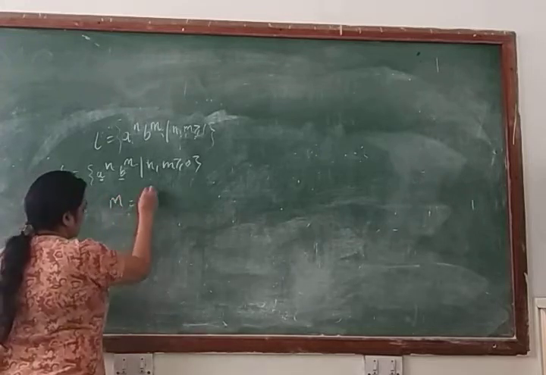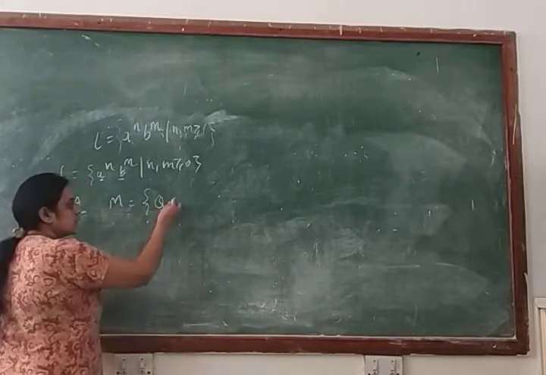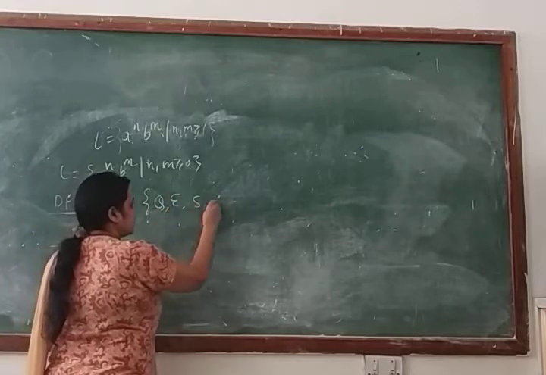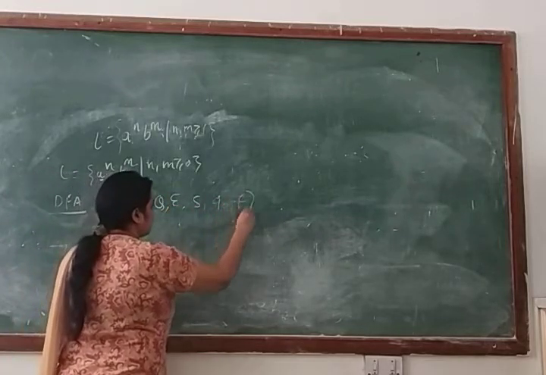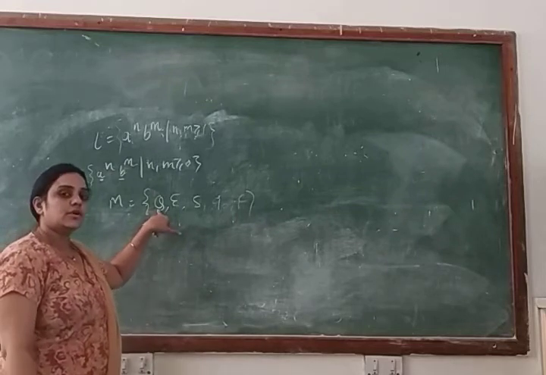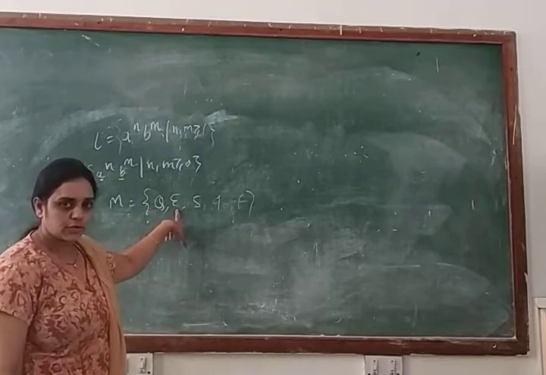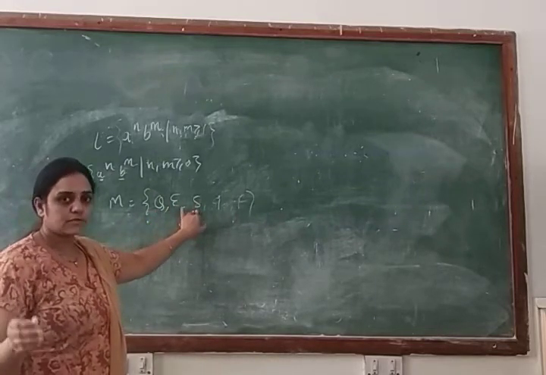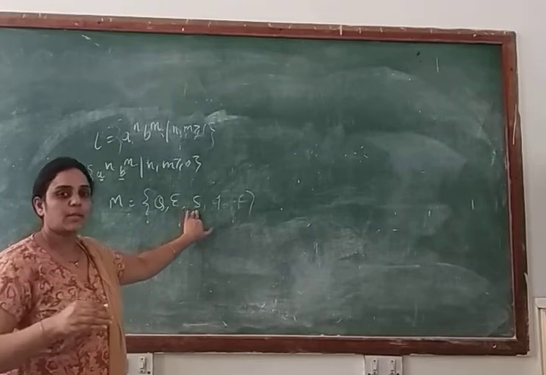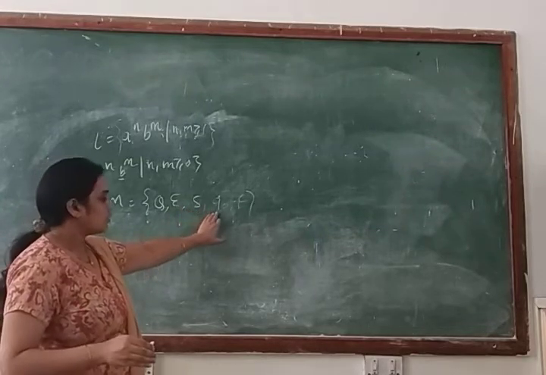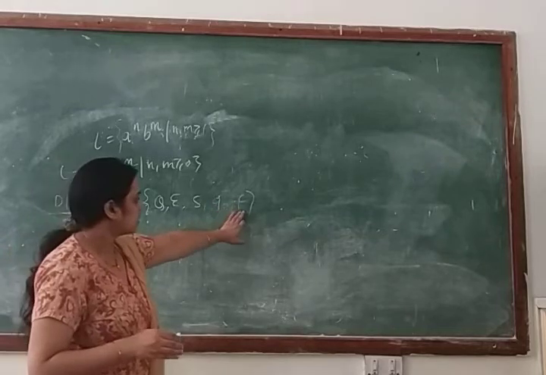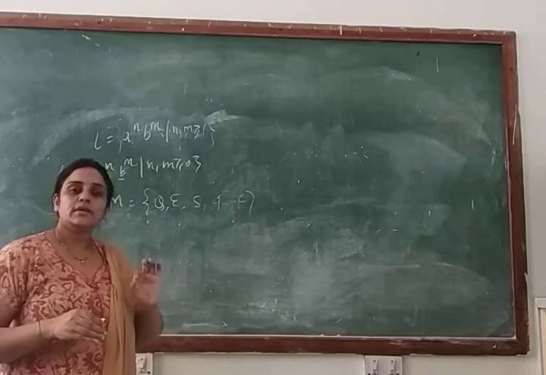For DFA we use a 5-tuple: Q, sigma, delta, Q0 and F, where Q represents the set of states, sigma represents the set of input symbols, delta represents the transition function, that is Q cross sigma implies Q, Q0 represents the initial state and F represents the set of final states.